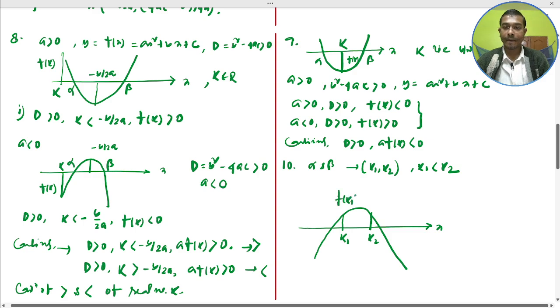This is f(k1), and this is f(k2), the straight line, and here also this is k1, that is k2. We just write here f(k1) and f(k2).